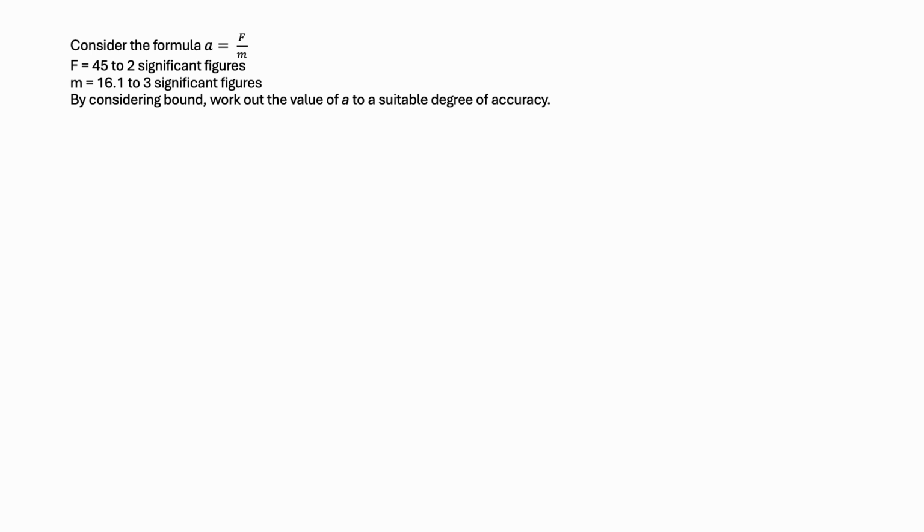So let's work out the error intervals for F and for M. So let's look at F first. If 45 has been rounded to two significant figures, then that means that our error interval has to be between 44.5 and 45.5.